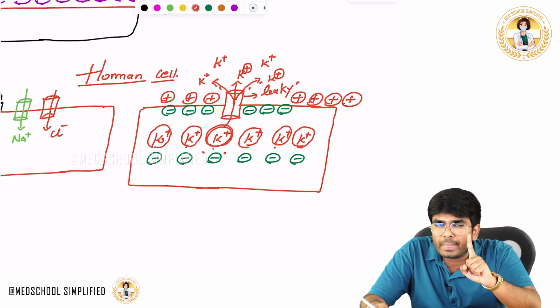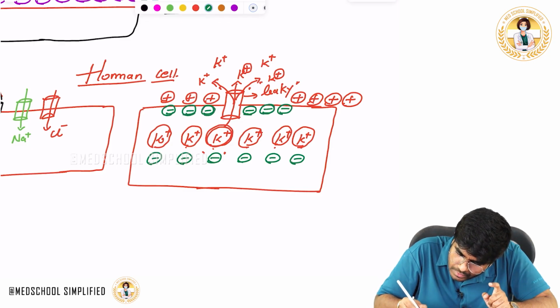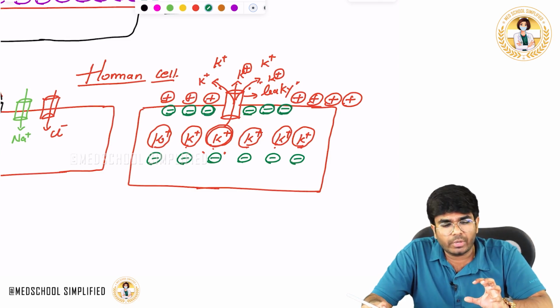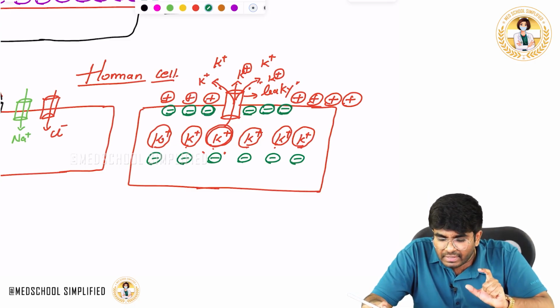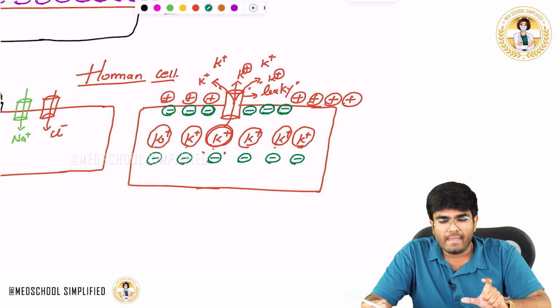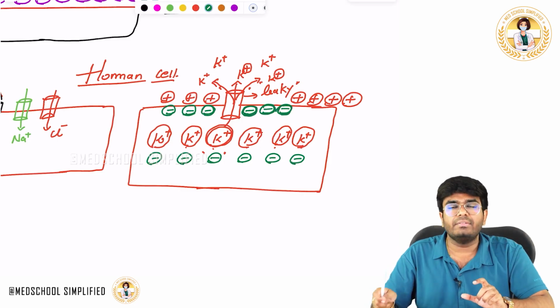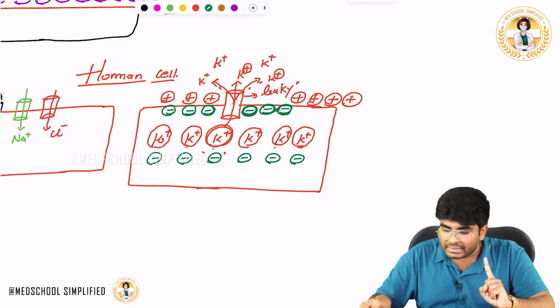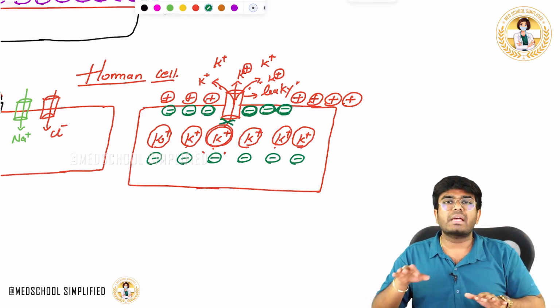But there will be a time when the negativity developed inside the cell, which attracts the positive charges, will not allow the positive charge, the potassium, to go out. Again, equilibrium is happening.